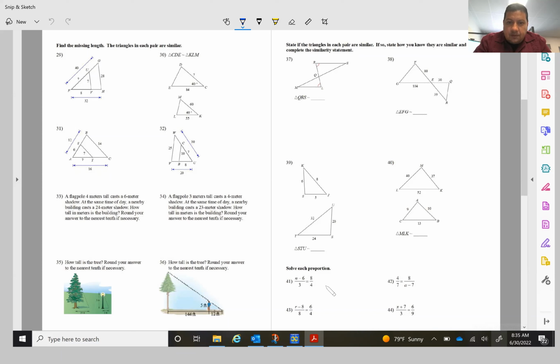All right, kind of like how we did the previous question. The triangle where x is, I see the measurements x and 23. I'm going to make a fraction out of that: x over 23 equals, now x is the height of the building, so x goes with 3, which is the height of the flagpole. 23 is the shadow of the building, so 23 goes with 4, the shadow of the flagpole.